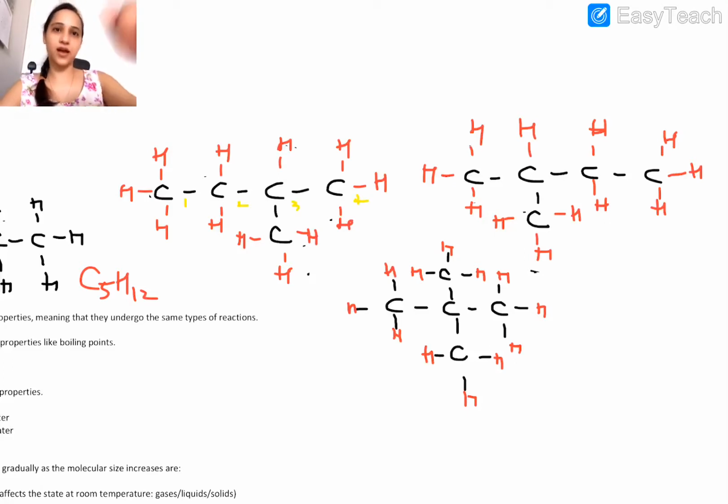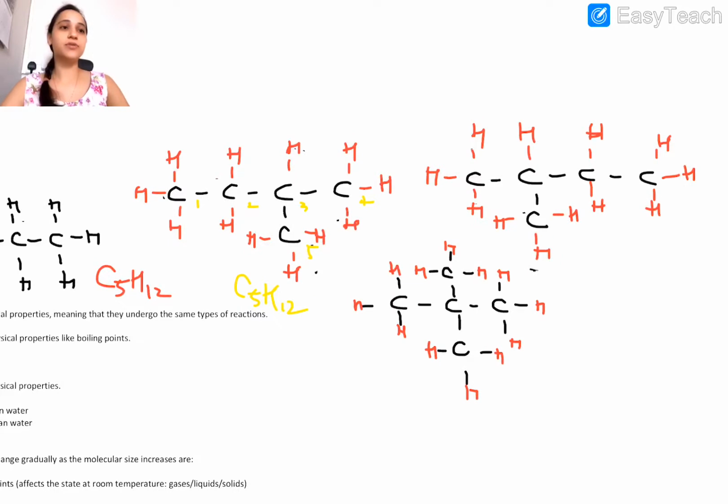Then I did a branch, so I attached the 5th carbon to the 3rd carbon here. So 5 carbons, still 12 hydrogens, so C5H12.